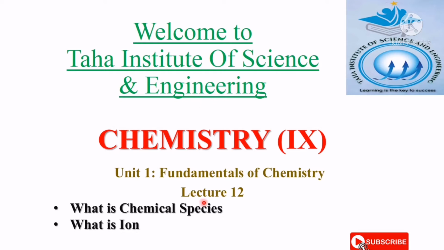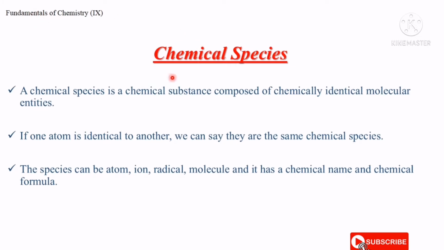This is the 12th lecture of Fundamentals of Chemistry, in which we are going to cover the chemical species and ion. So let's start today with chemical species. A chemical species is a chemical substance composed of chemically identical molecular entities.